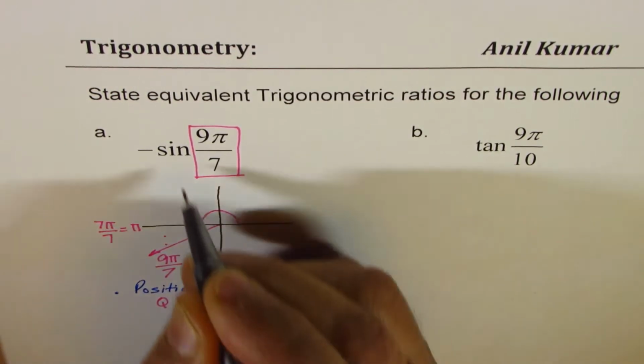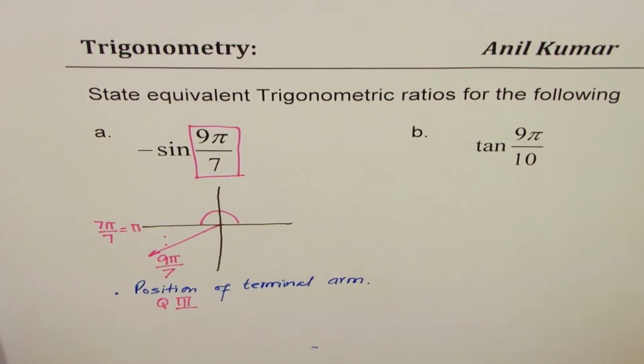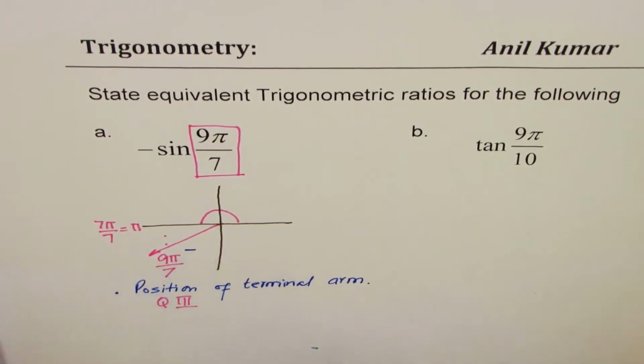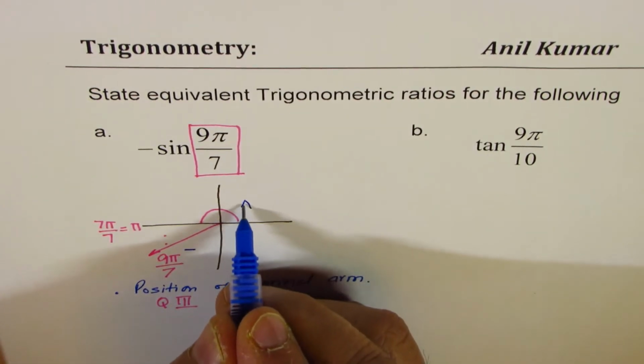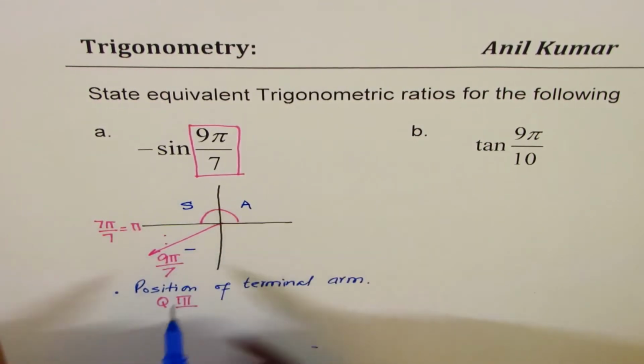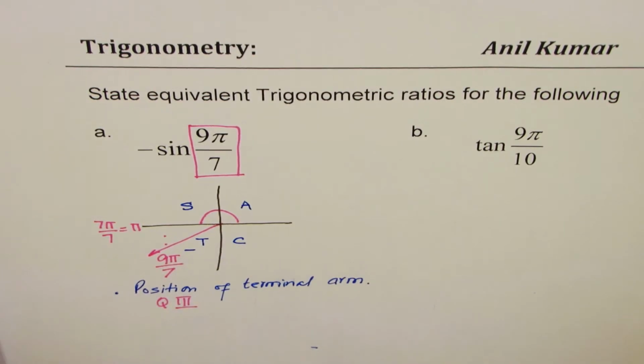Now in quadrant 3, what is sine? Sine is negative, right? So once we know the position, we know that the value of sine will be negative, correct? Why is it so? Because you know that all trigonometric ratios are positive in quadrant 1, sine is positive in quadrant 2, tan in 3, and cosine in 4, correct?